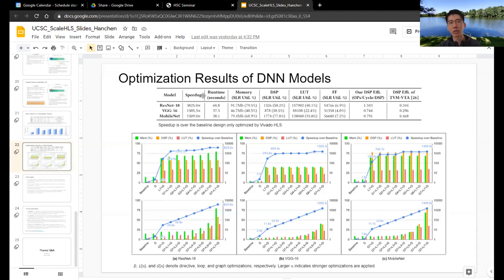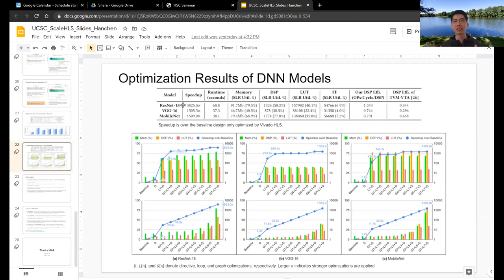But when I try to apply these customized models to the VTA, it just says, oh, this layer configuration, like the kernel sizes and the feature map sizes, we don't have a good or perfect answer for it.